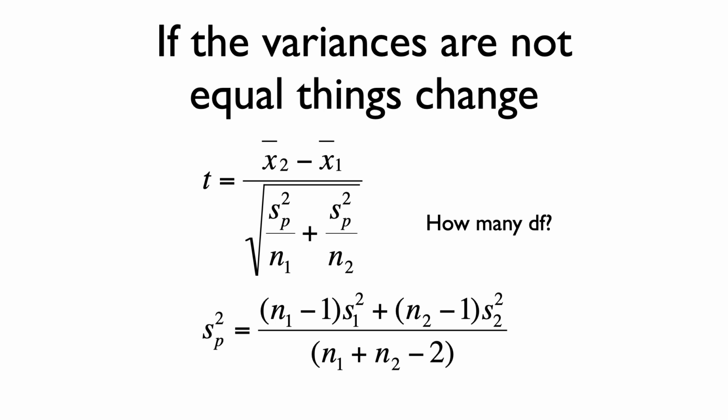Well, let's do it backwards. How many things did we fix? Well, we calculated 2 variances, so we fixed 2 different means. So it's n1, the number of subjects in group 1, plus n2, the number in group 2, minus 2. We lost 2 degrees of freedom because we fixed 2 variances. Okay? Make sense?